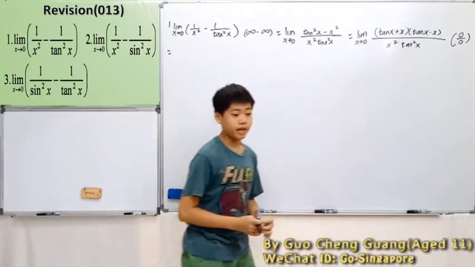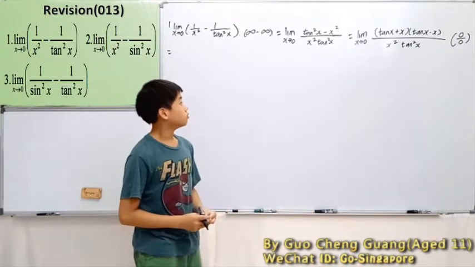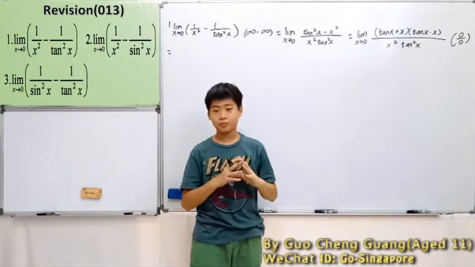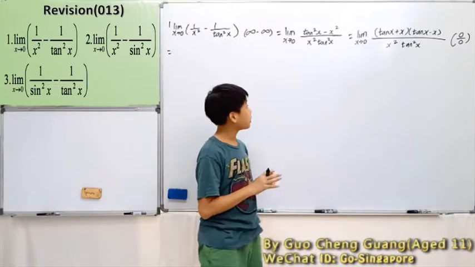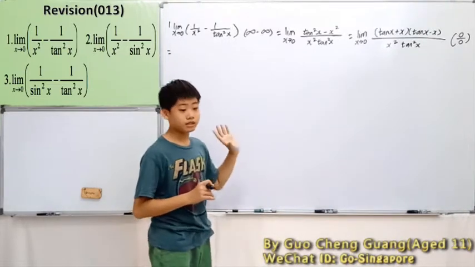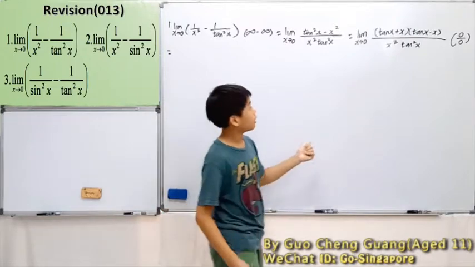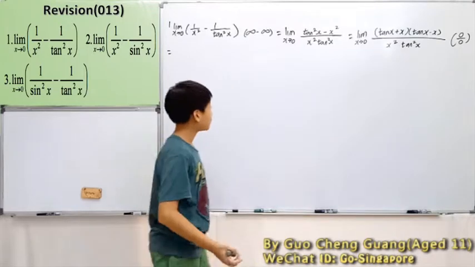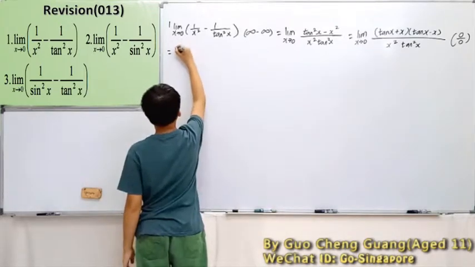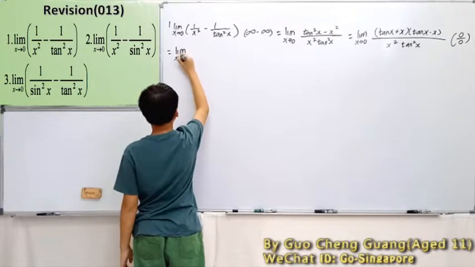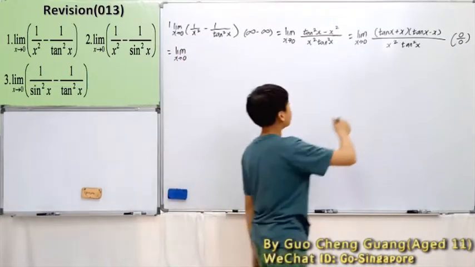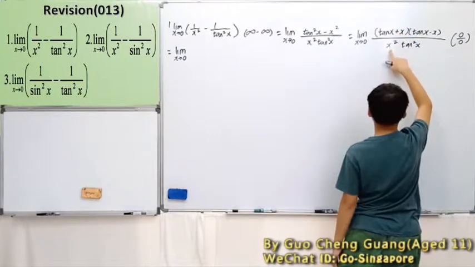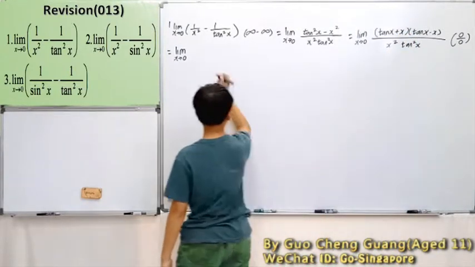Well, it seems like we can try. Now this tangent x here reminds you of the special limit, because tangent x, if you divide it by x, becomes a 1. And if you divide both of these by an x, then you have 1 plus 1, and that gives you 2. So I'll try this. Now when you divide both of these by an x, that means it's actually taking one x from the denominator.